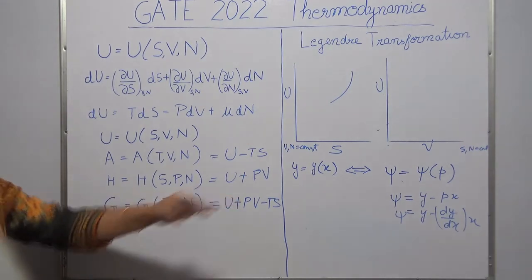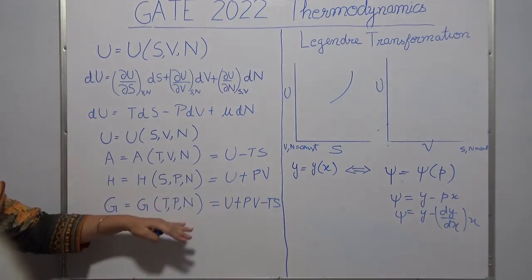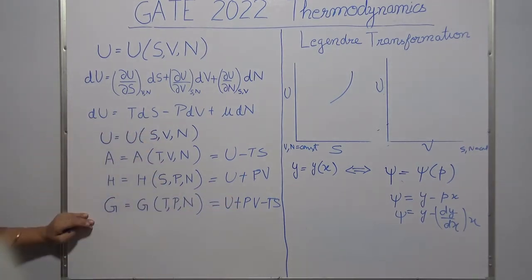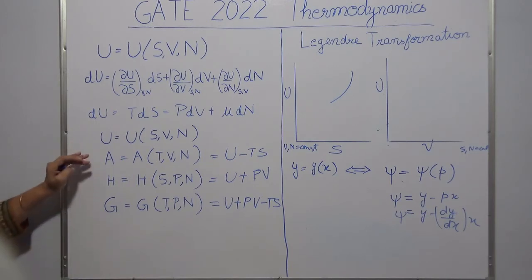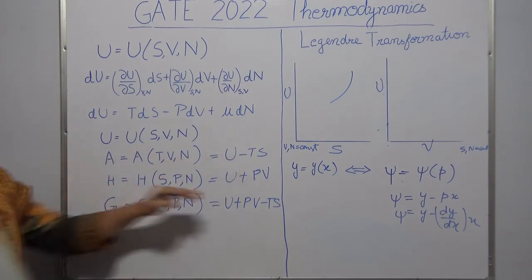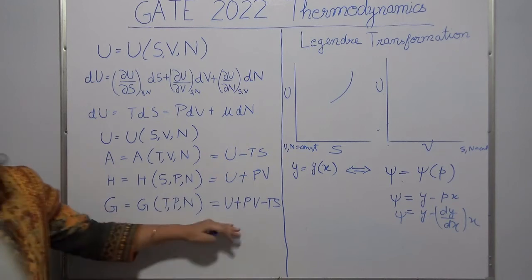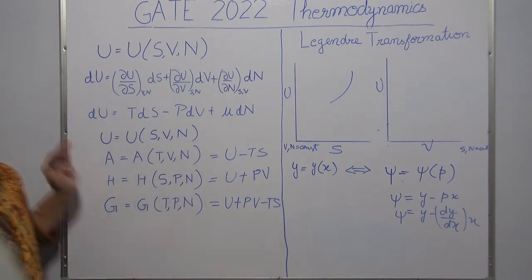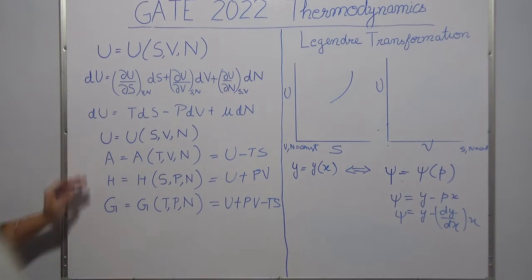You can do the Legendre transformation and see it yourself. So that's how I have now got three different energies: A is equal to U minus TS, H is equal to U plus PV, and G is equal to U plus PV minus TS. And all these are equivalent forms.